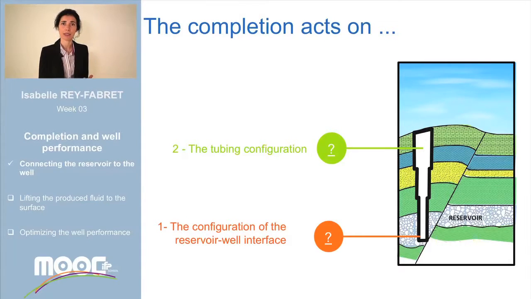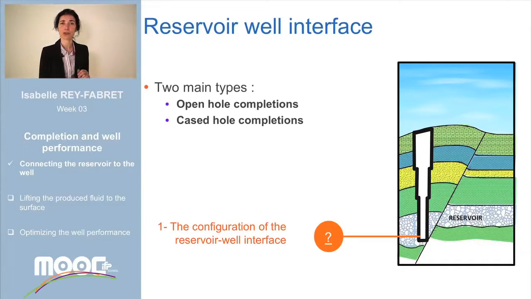Such choices depend on the kind of fluid produced, the reservoir characteristics, the desired production, the future maintenance of the well, etc. Let's focus on the well-reservoir interface.